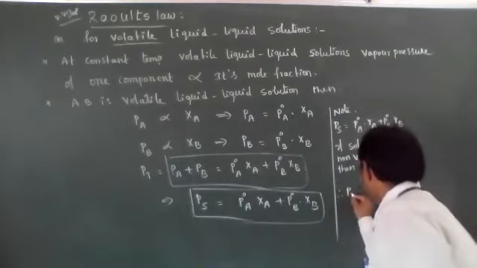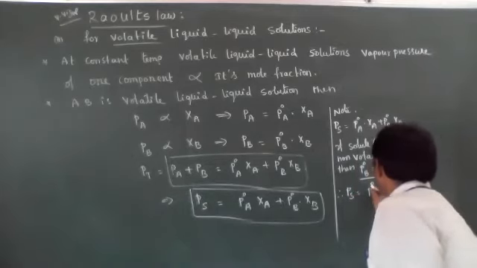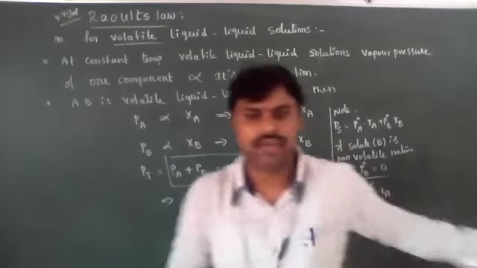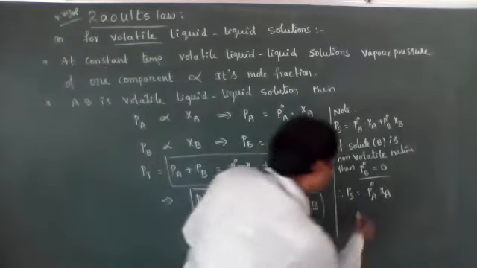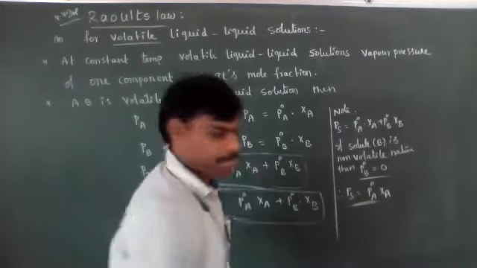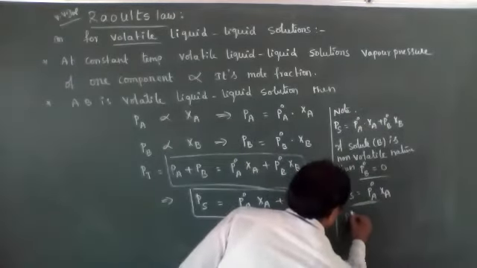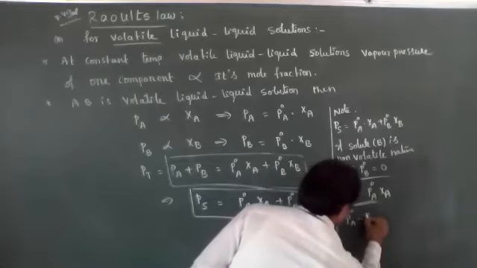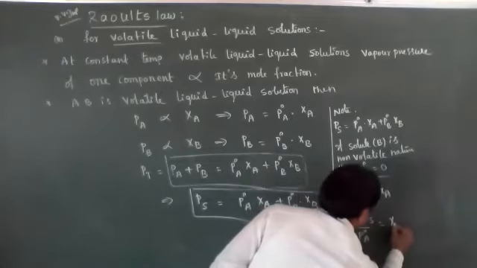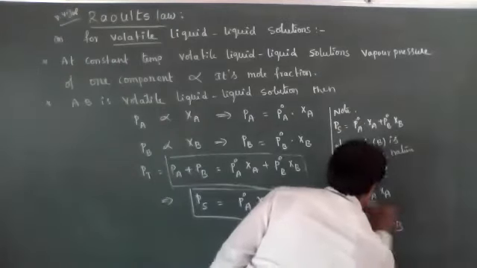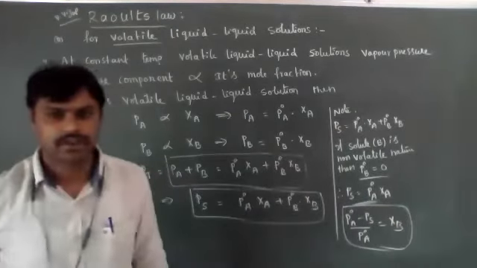Therefore, again PS is equal to P naught A into XA only. P naught A into XA is the first statement we got. After that, if we modify this equation, it becomes P naught A minus PS by P naught A is equal to XB. Now understood?